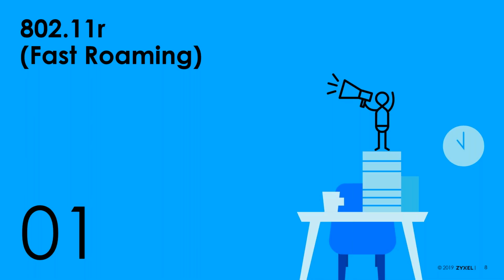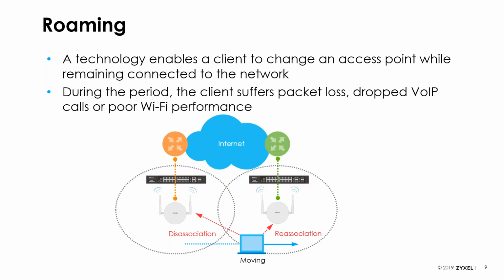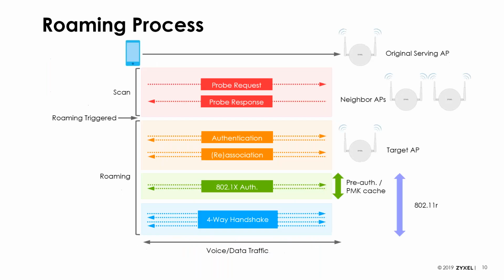Okay, then to the roaming standards and what do they actually do and what do they actually help with. Okay, so roaming, first of all, when client is moving from an AP to another, it needs to associate and agree on the authentication method, encryption that is used, etc. So in 802.11r, we help with the authenticating part.